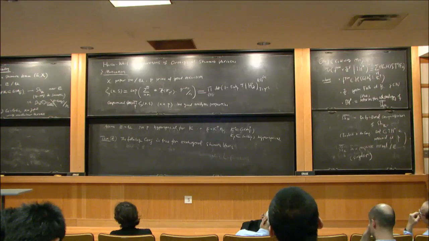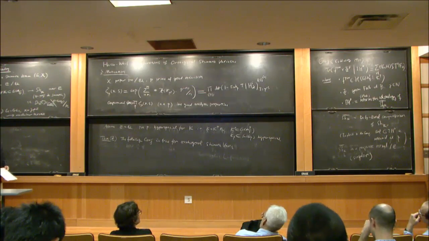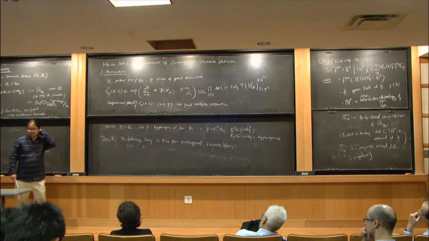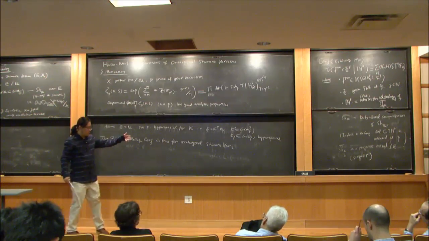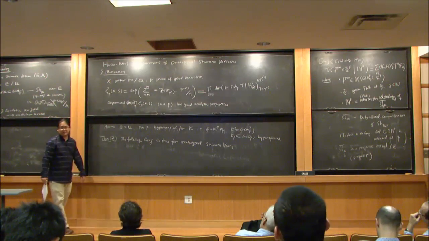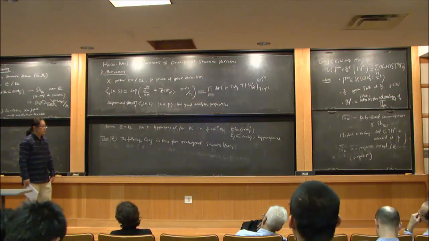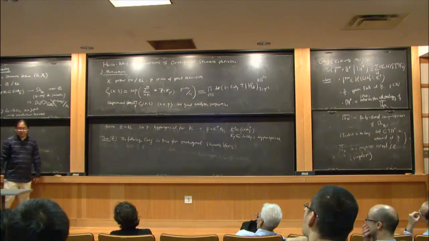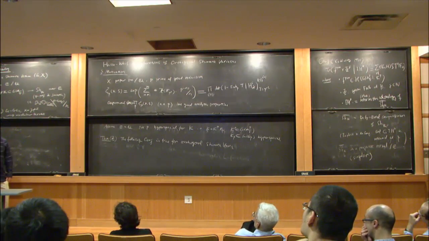And I should say that the orthogonal Shimura varieties in this talk are indeed non-compact. So their Baily-Borel compactification is not equal to themselves, and the boundary has a stratification into modular curves and points.